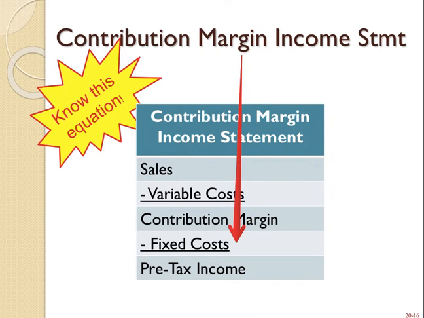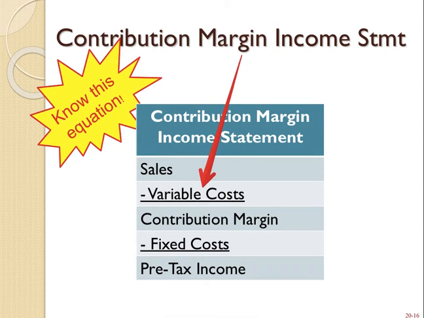From there, you subtract out your fixed costs that don't change with how much sales you have, and that gives you your pre-tax income. We're not going to deal with taxes right now because I want to keep it simple for you guys. So again, to go over it, sales are variable, meaning the more units you sell, the more sales dollars you're going to have.